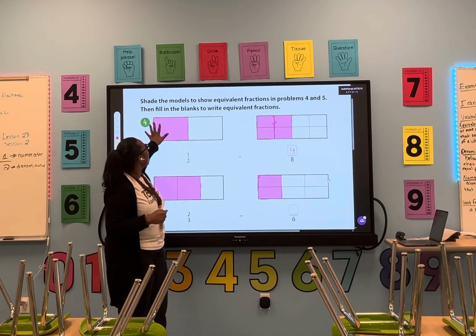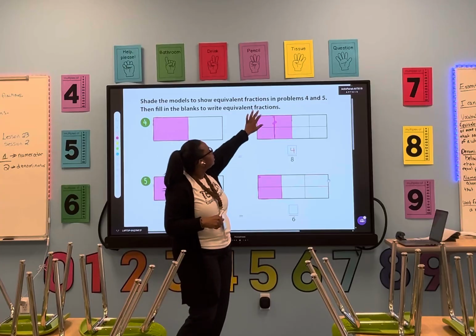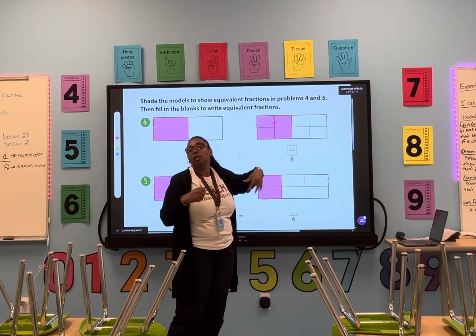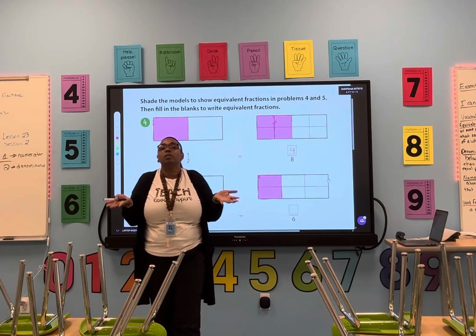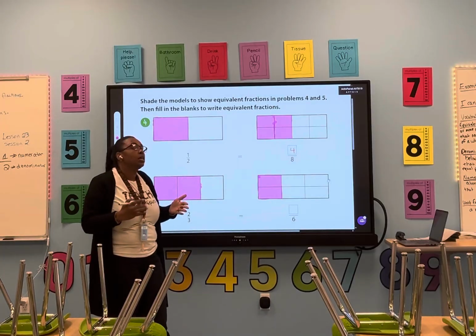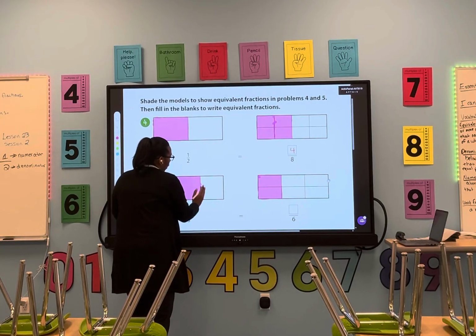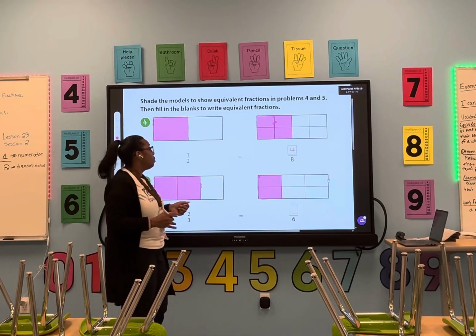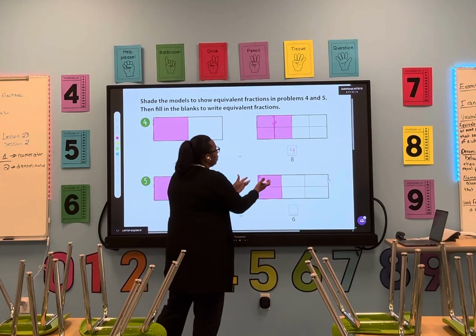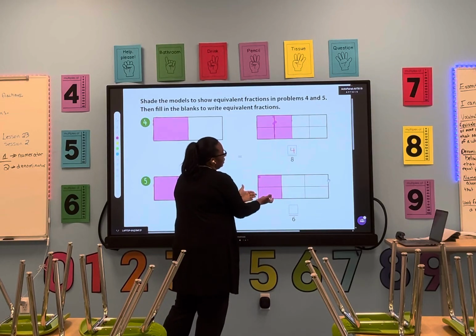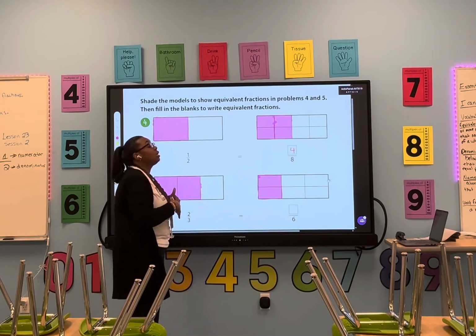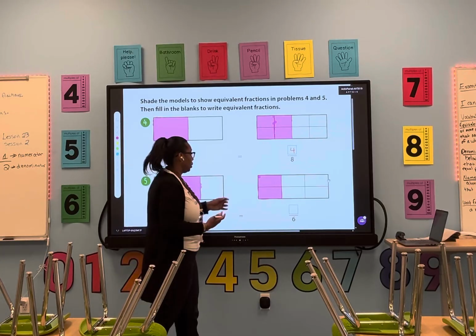Just like up here, I did 1 box here. Well, if I was to shade in just one of these boxes, then you can see that clearly that's not equivalent. So we're just looking at total amount shaded in, not how many boxes, but total amount. So when I look at this, I can see that this is less than that. So I'm going to go ahead and shade in some more of this.